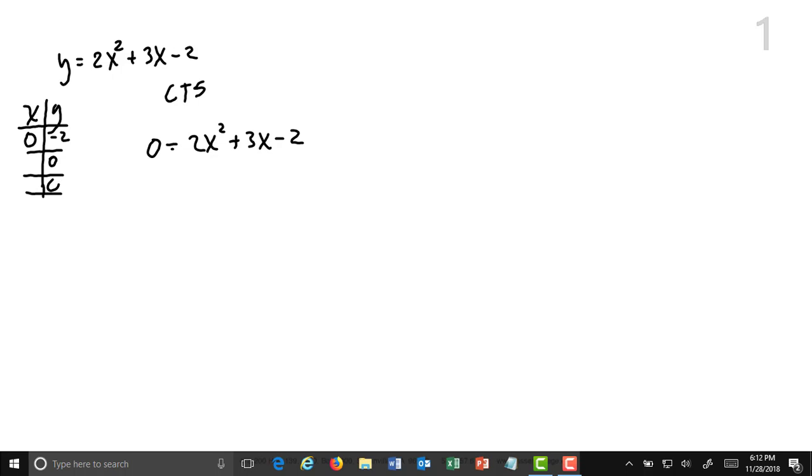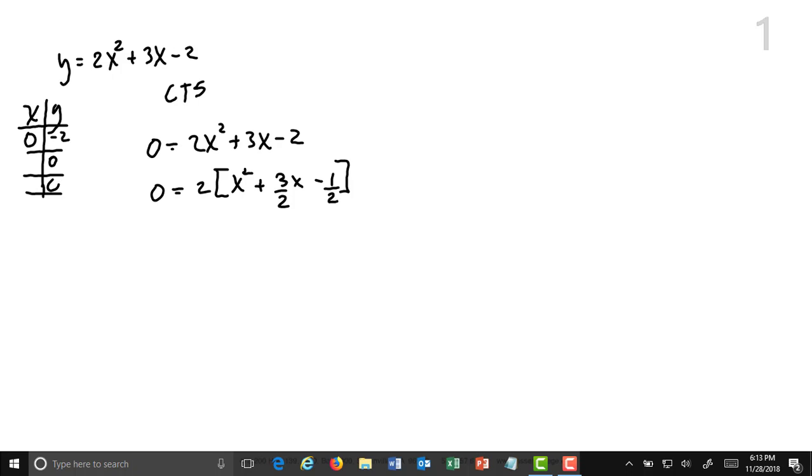This time, I'm going to try to get rid of this 2 by factoring out a 2. Look what's left. I have x squared, but here this becomes 3 divided by 2 x, minus 1.